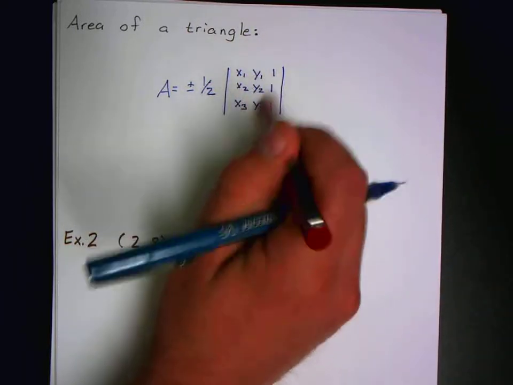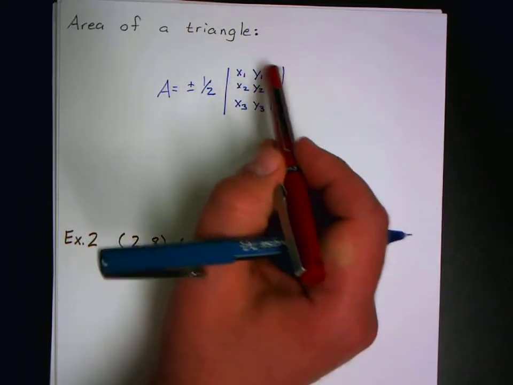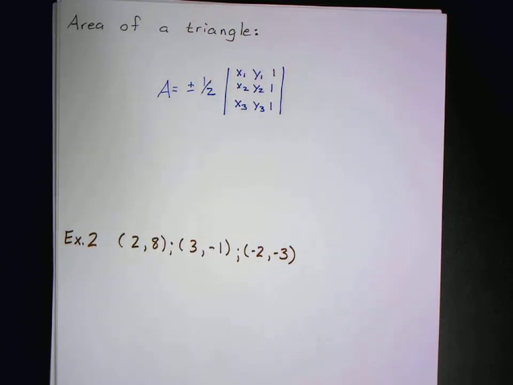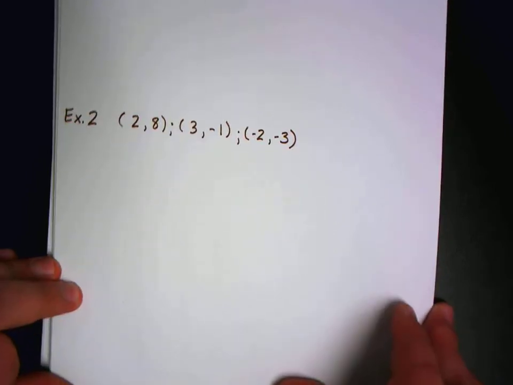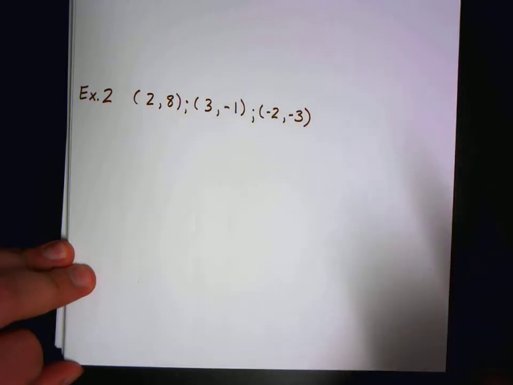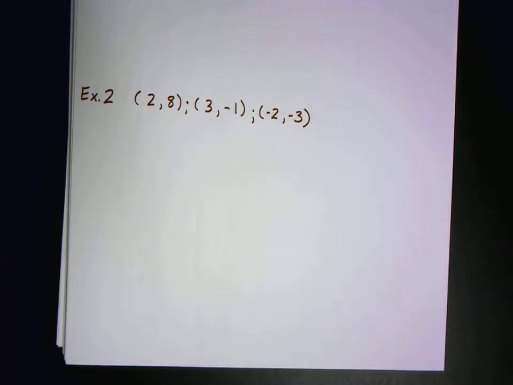So basically, this takes the place of your base times height. So this is your 1/2. All right, so this is a triangle. Any 3 ordered pairs, as long as they're not collinear, make a triangle.